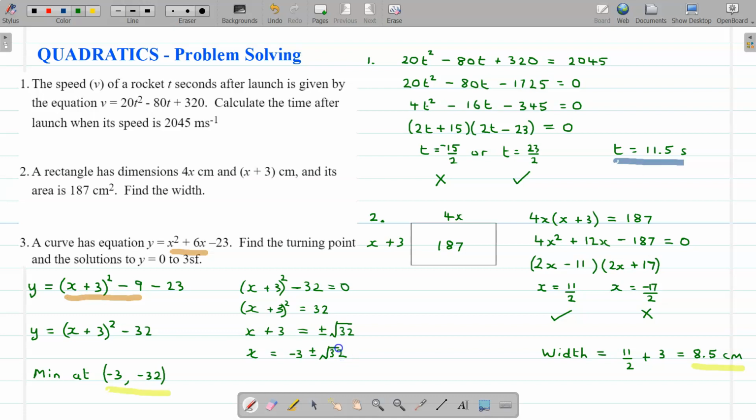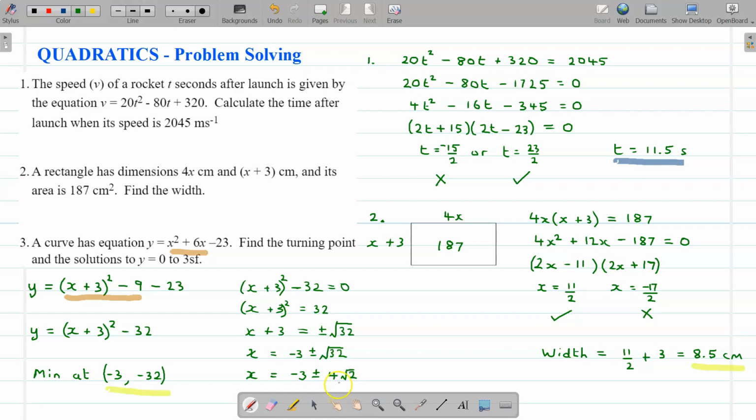Now you can put that on the calculator at this stage because it asks you for the answers to 3 significant figures. You should also note, of course, that root 32 is root 16 root 2, which is 4 root 2. So we could say here that x equals negative 3 plus or minus 4 root 2, which is how the calculator would present it.